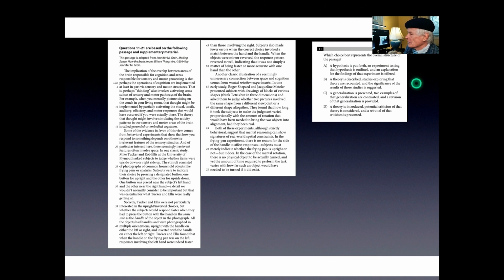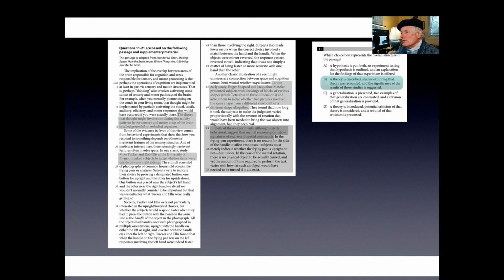Then the very next slide, I'm going to shade the text that contains the information to come up with the correct answer. Okay, and then you pick your answer, and then go ahead and check your answer.